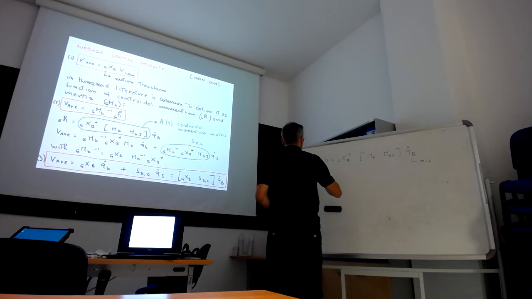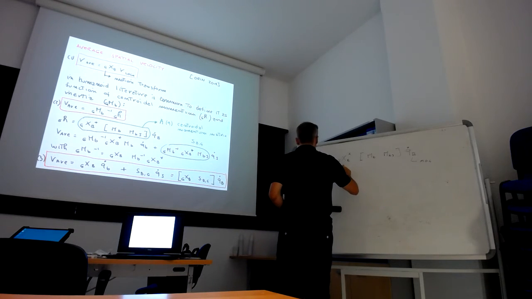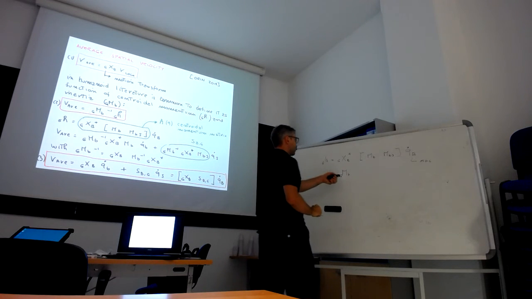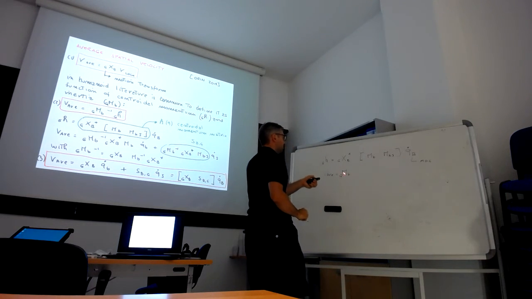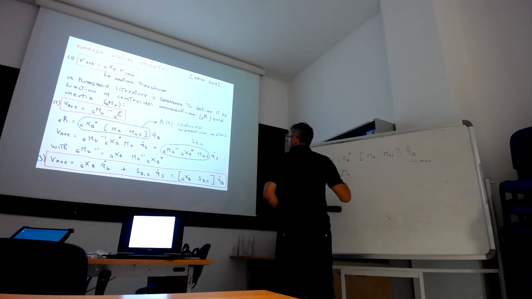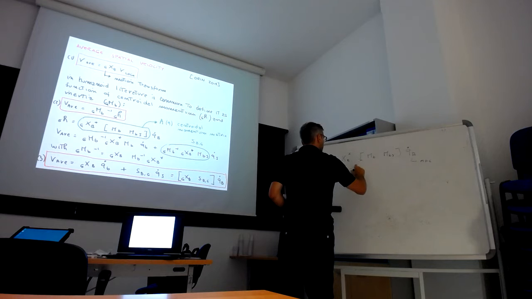Then we wrote that the average velocity is the spatial inertia computed using the central mass frame times hg, which is this.